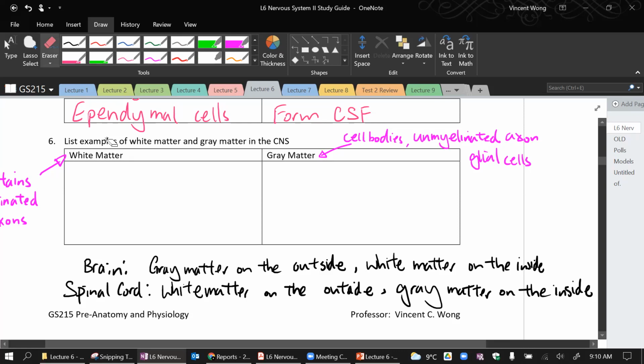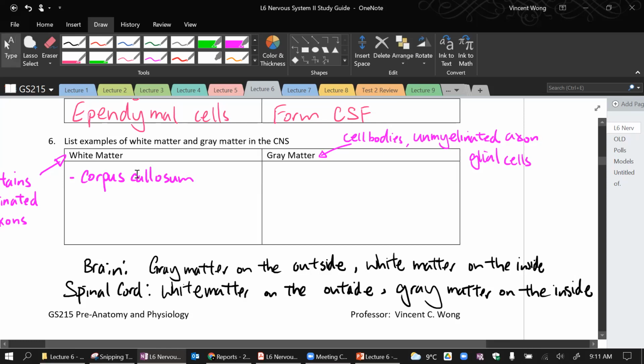So white matter. What are some examples of white matter? Well, the biggest bundle of white matter in the brain is the corpus callosum.